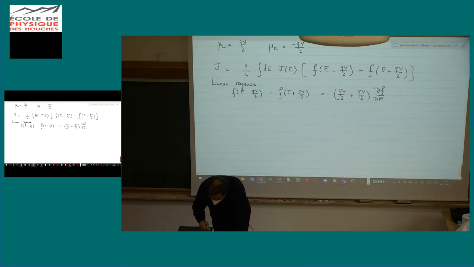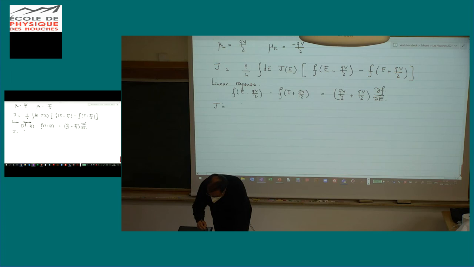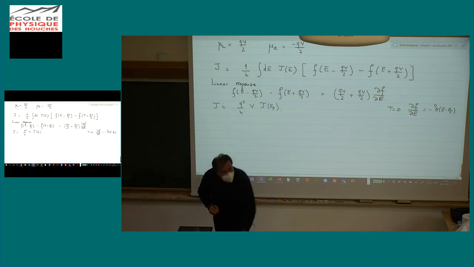And so the current will be something like q squared over h times V times, if I am at T equals 0, I could say that df/dE is minus delta of E minus E_F. And as I said, I forgot a minus sign somewhere when I was doing the current. And then this is the transmission at the Fermi energy of the reservoirs.